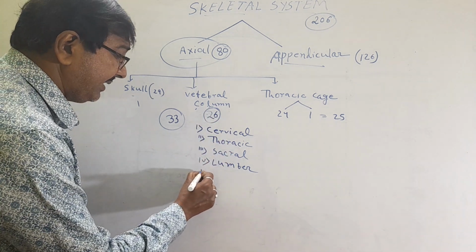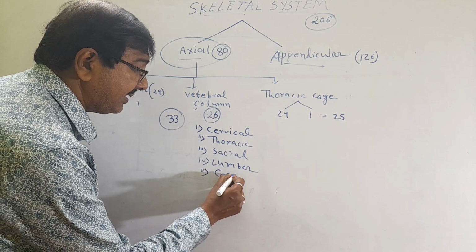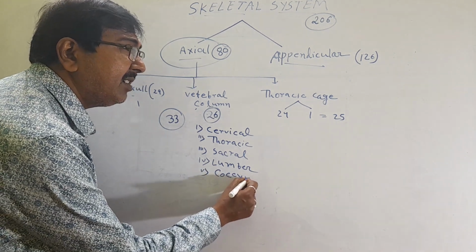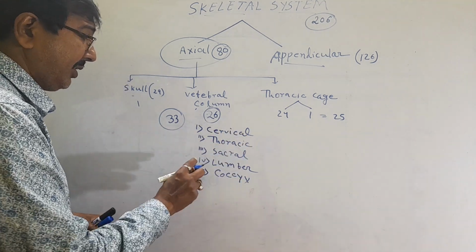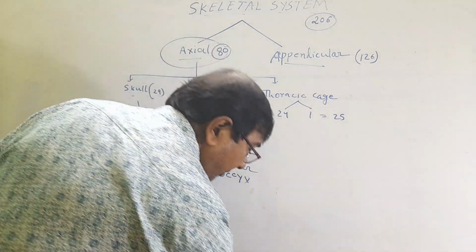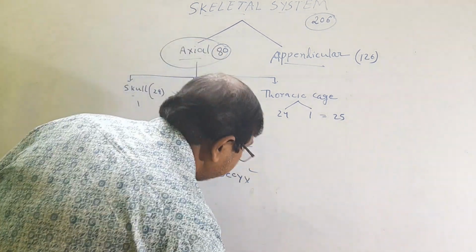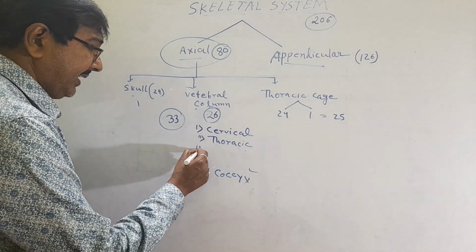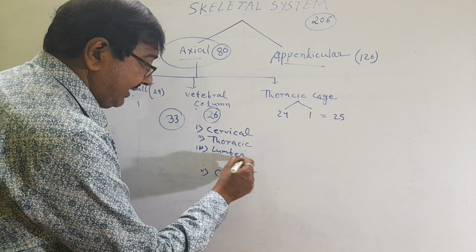And coccygeal. Okay, cervical, thoracic, lumbar, sacral and coccygeal. You can say cervical, thoracic according to order. First you have to write lumbar, then sacral. Okay, cervical, thoracic, then lumbar, then sacral.